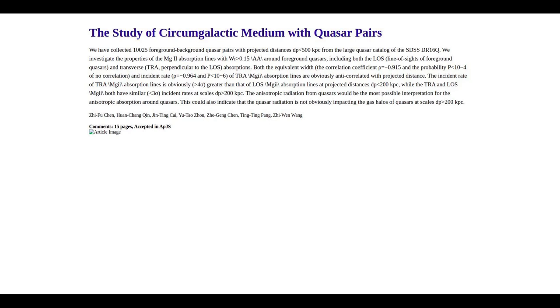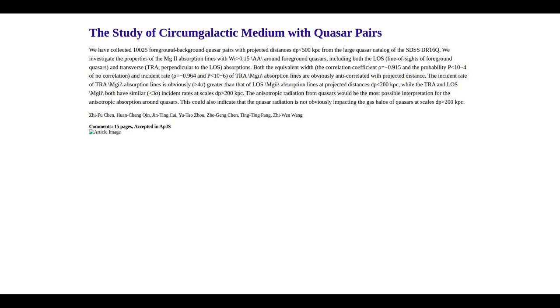Both the equivalent width and incidence rate of transverse and Mg II absorption lines are obviously anti-correlated with projected distance. The incidence rate of transverse Mg II absorption lines is obviously greater than that of loss Mg II absorption lines at projected distances dp less than 200 kpc, while the transverse and loss Mg II both have similar incidence rates at scales dp greater than 200 kpc.